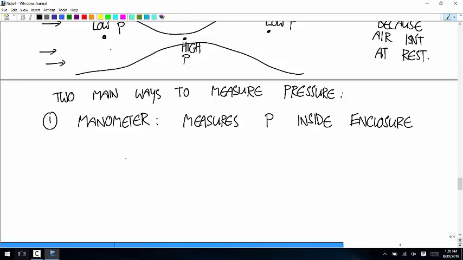The setup looks like this. Here's the enclosure, I'm drawing it like a round bulb. Then you have a tube that goes like this, and then back up, and it's exposed to the atmosphere.